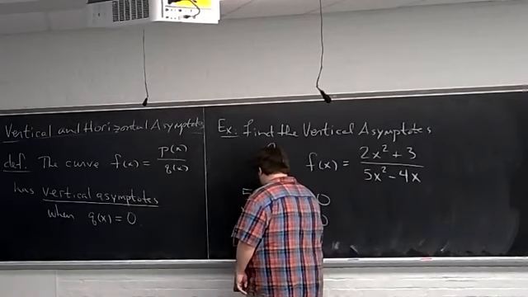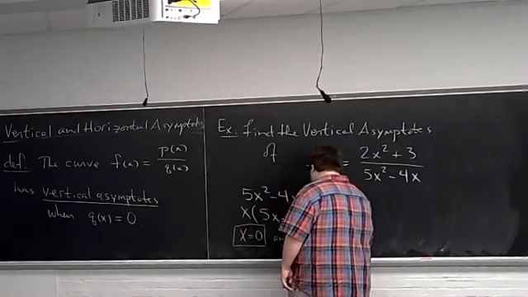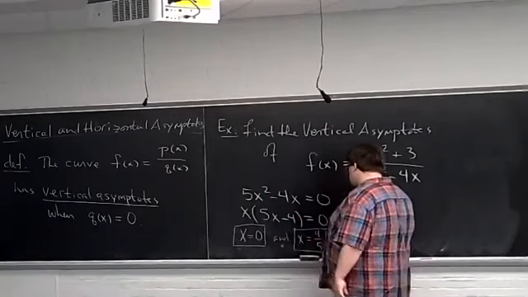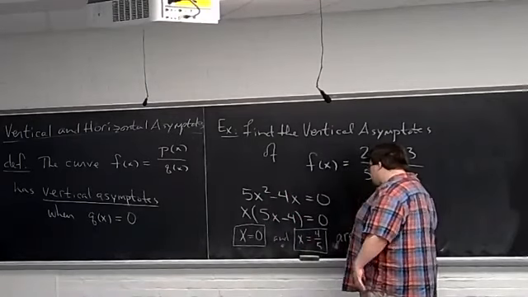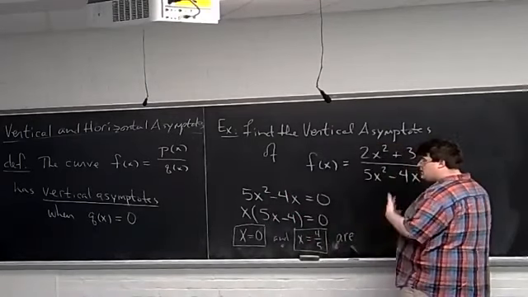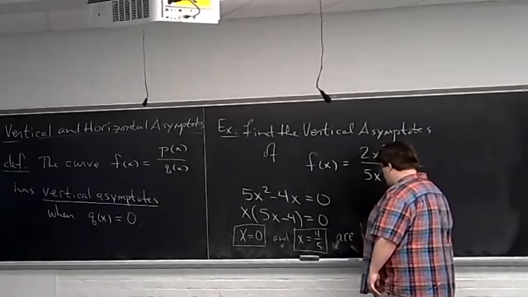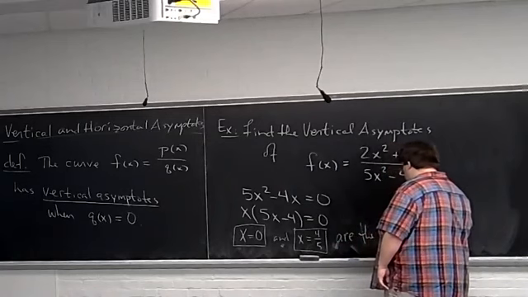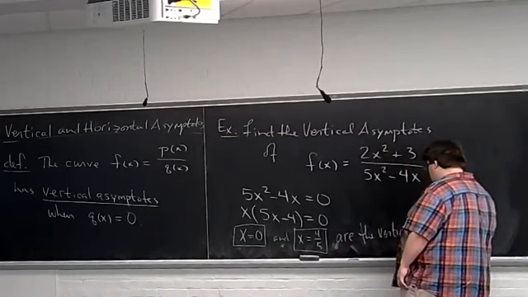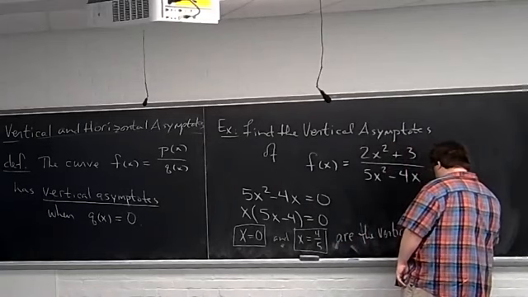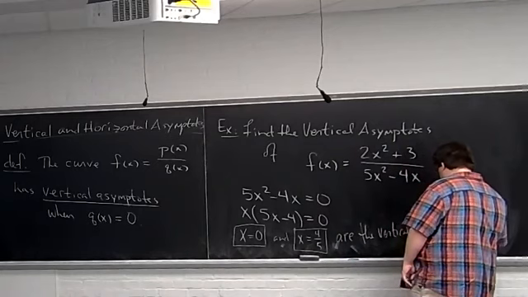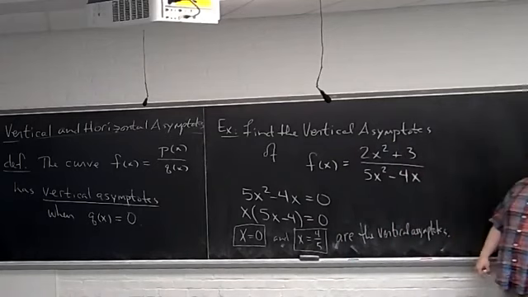A vertical asymptote is a vertical line written as x equals a number. So solving this directly gives us our vertical asymptotes. So set the bottom equal to 0.